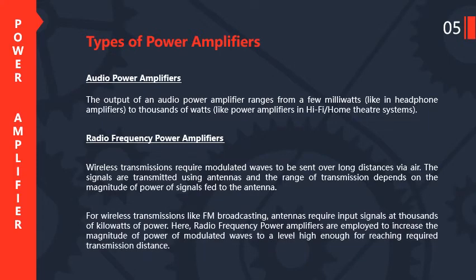For wireless transmission like FM broadcasting, antennas require input signals at thousands of kilowatts of power. Here, the radio frequency power amplifiers are employed to increase the magnitude of power of the modulated wave to a level high enough for reaching the required transmission distance.